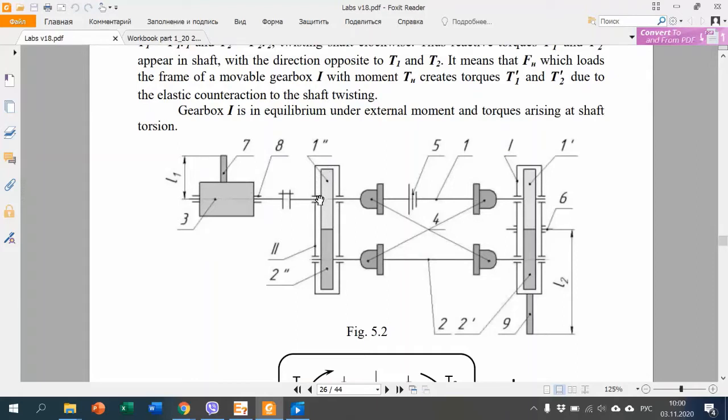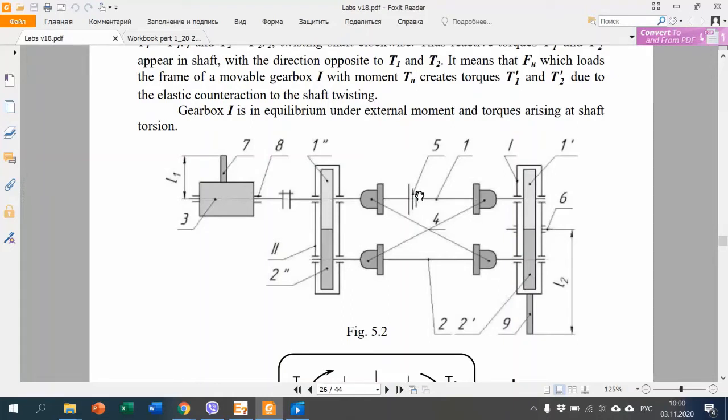So, how to create the power inside this closed circle, closed loop? We can disconnect here two parts of the rotational transmission shafts and change the angle.